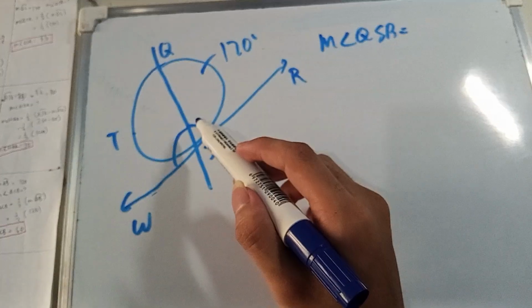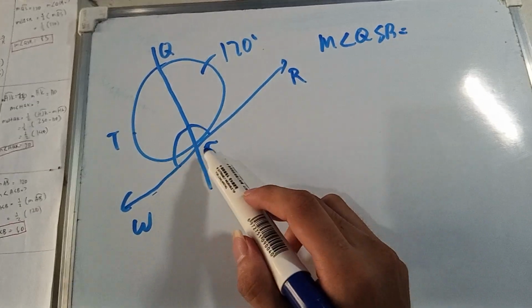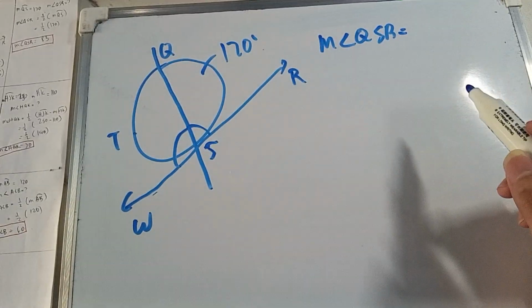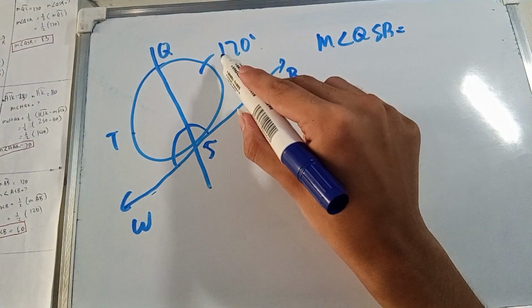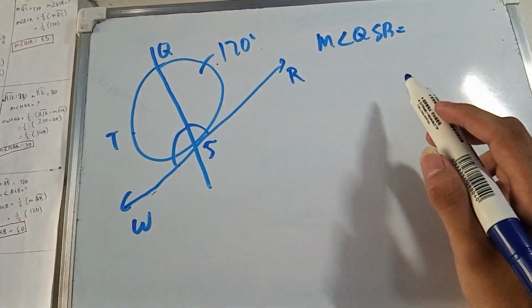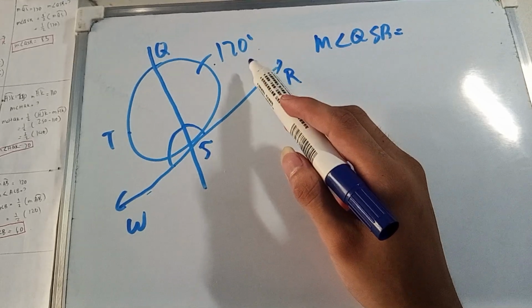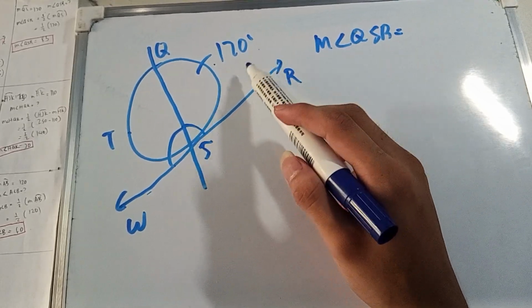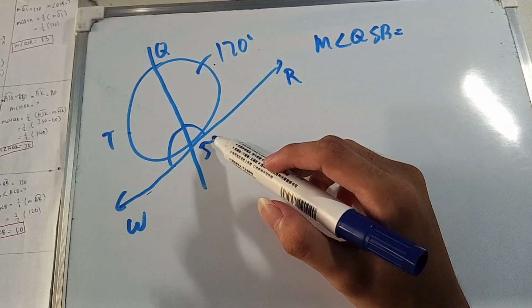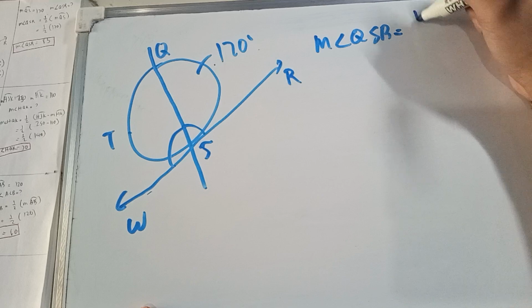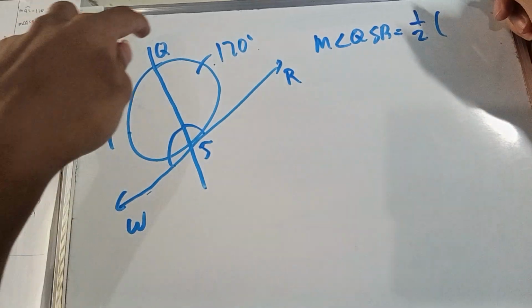Now, if the intersection is at the circle, we don't need to subtract or add. We just take half the value of the intercepted arc, because the value of the angle is half the intercepted arc. So the measure of QSR is just 1/2 of arc QS.